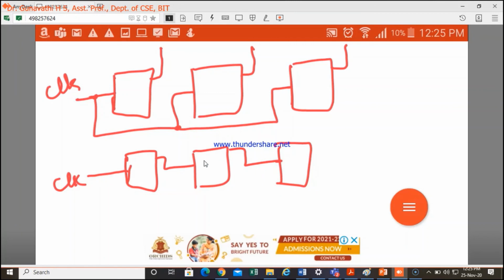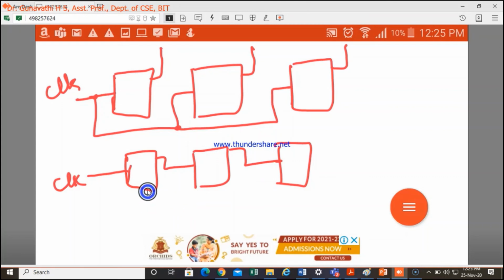So these are the differences between the synchronous and asynchronous counter. Synchronous: the simultaneous clock is provided for all. Asynchronous: the output of the first stage is provided as the clock for the second stage. That is one point. Second point, the delay in the synchronous is the delay of a single flip-flop. The delay in the asynchronous is the summation of the delays of all the flip-flops.